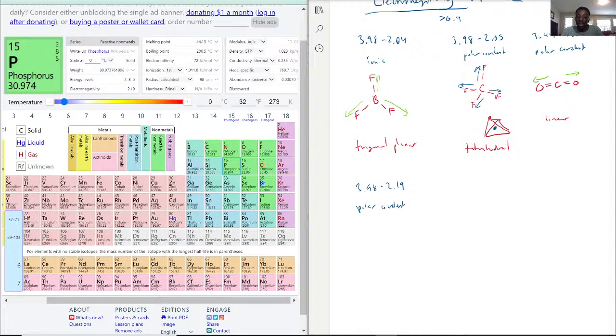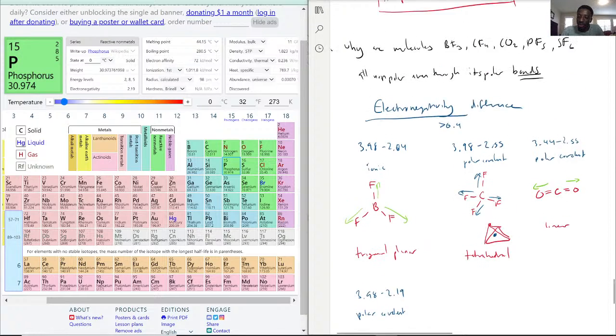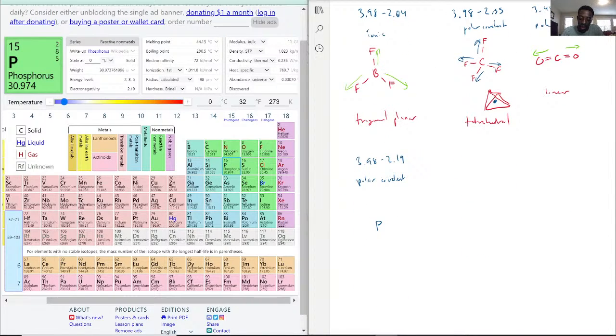But nonetheless, the way this one's going to look, PF5, is going to be quite the behemoth of a structure. It's going to look kind of like that.